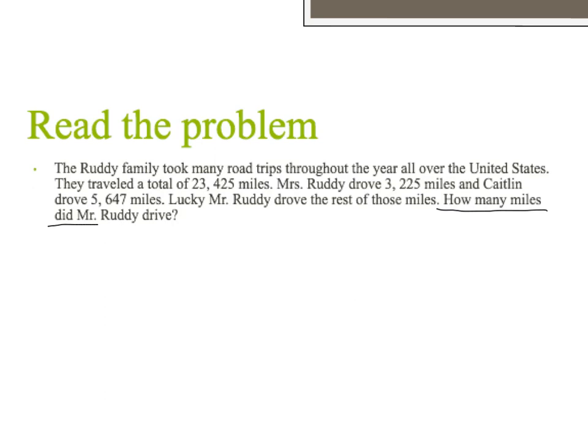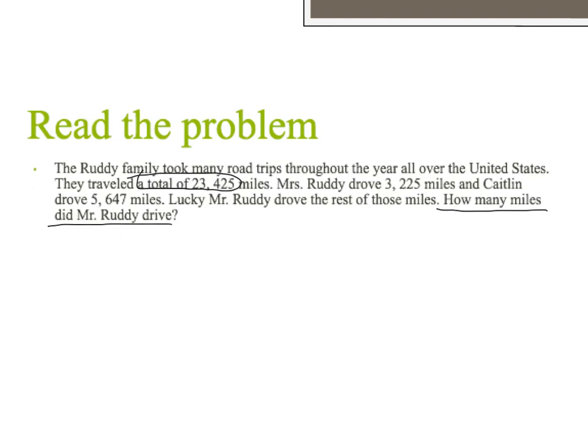We want to know how many miles Mr. Ruddy drove. So now we need to go back into the problem and decide on the important information we're going to need to solve this problem. So we know that they traveled a total of 23,425 miles.